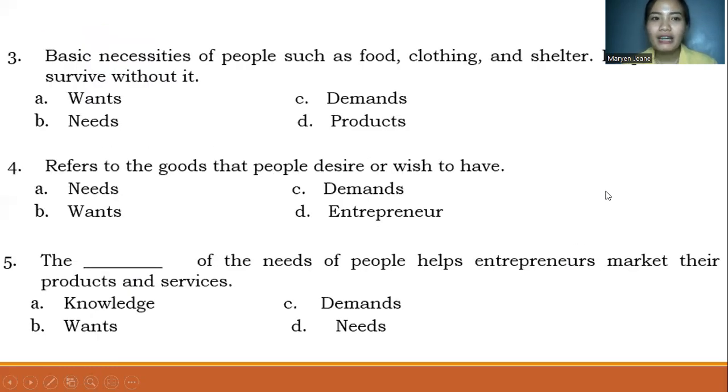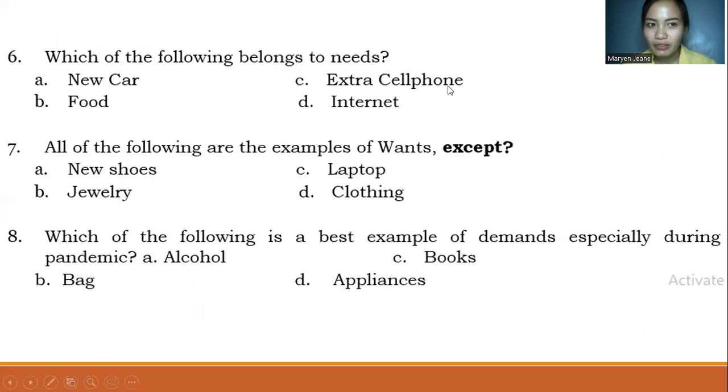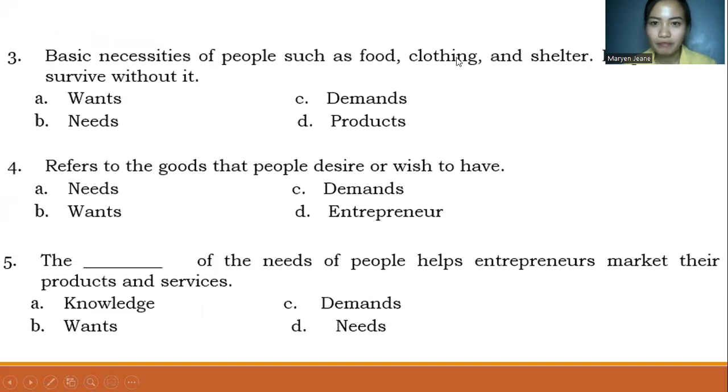Number 3, basic necessities of people such as food, clothing, and shelter. People cannot survive without it. A, wants. B, needs. C, demands. D, products.